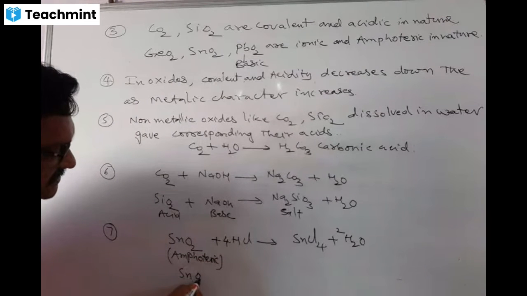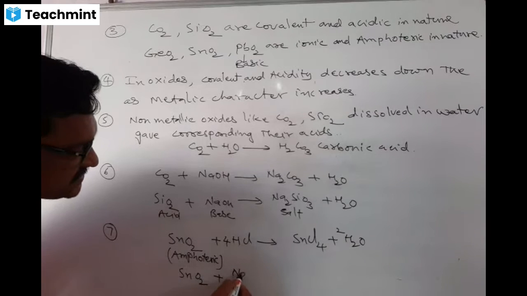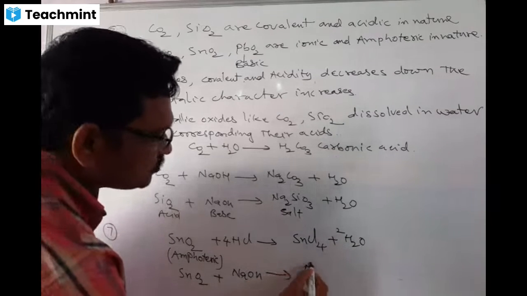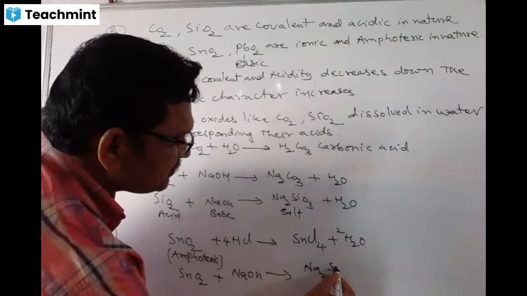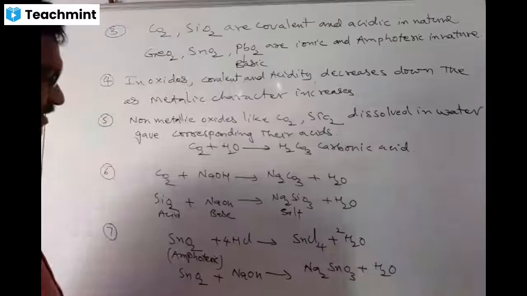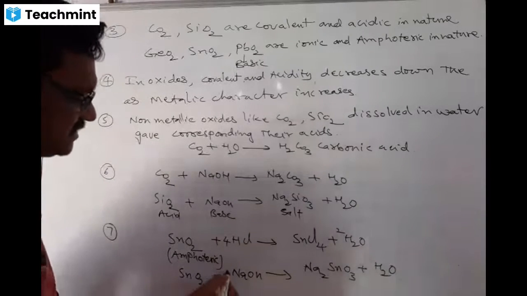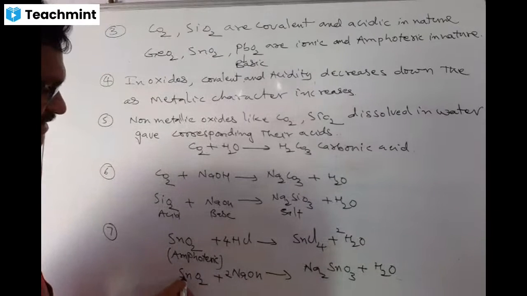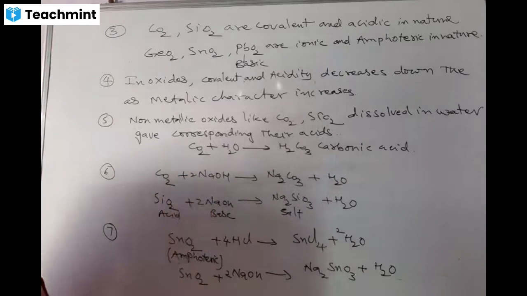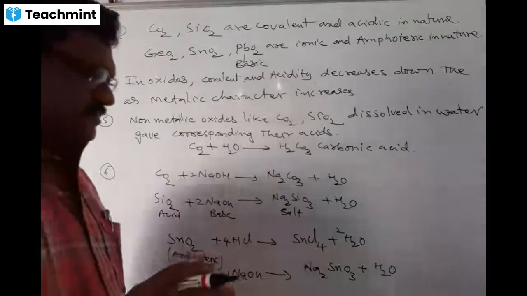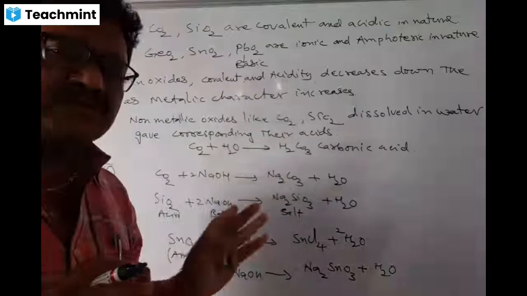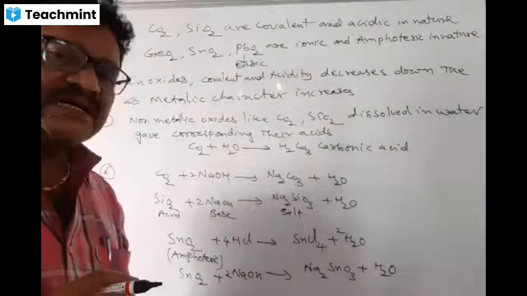The same dioxide reacts with base. Here it forms sodium stannate, Na2SnO3, plus H2O. For balancing, you put 2 and 2. When you have a clear idea about the concept, you don't bother about the balancing. It is very easy to balance.